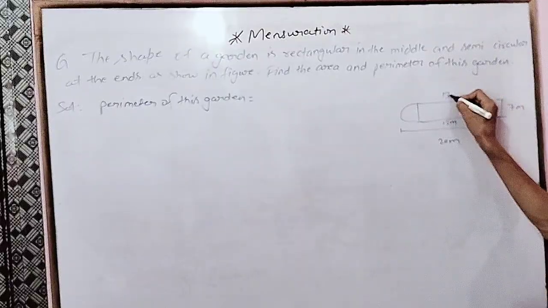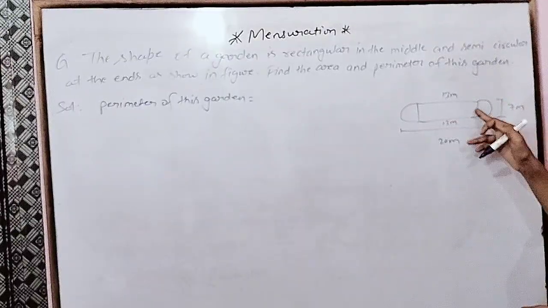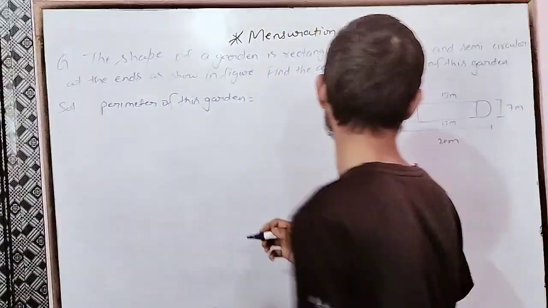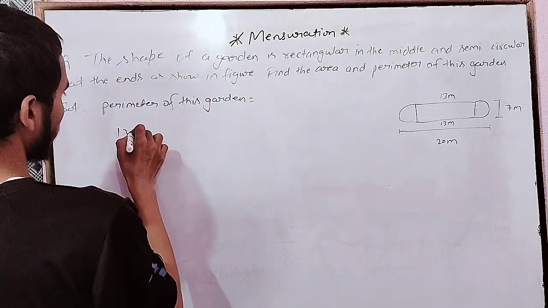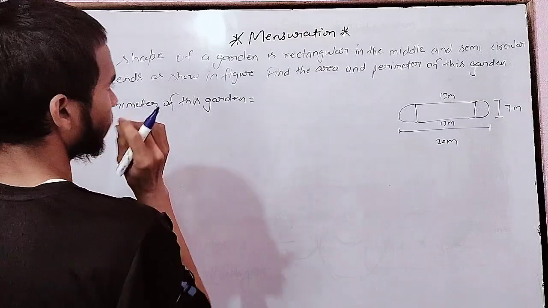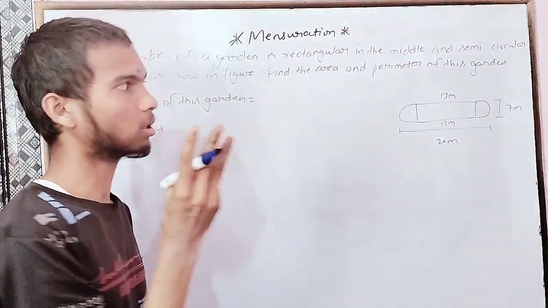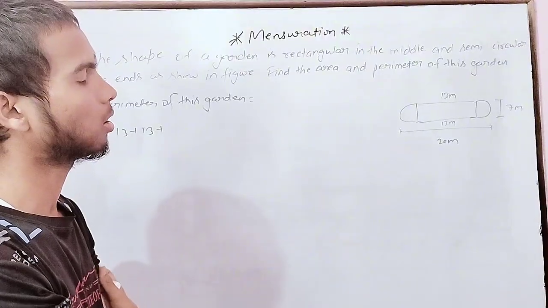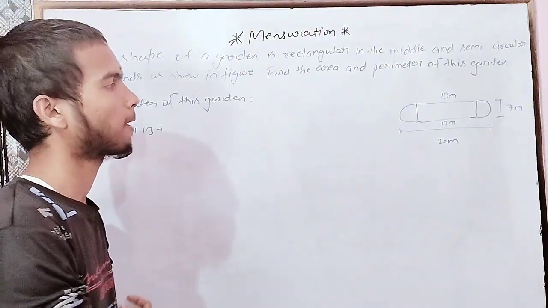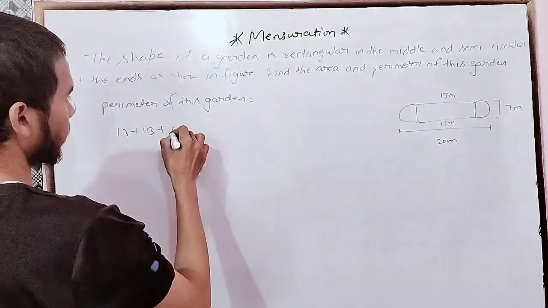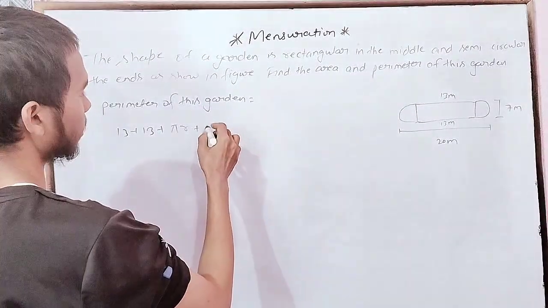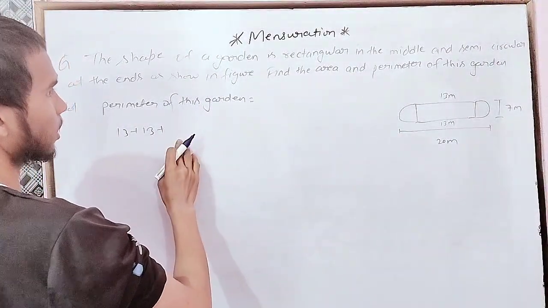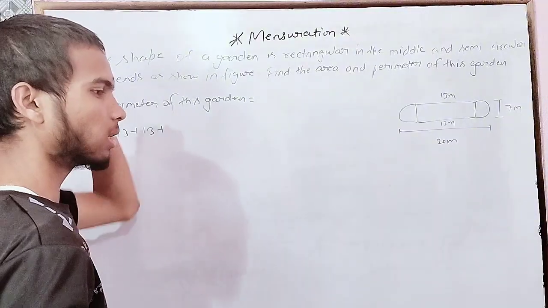This is a 7 meter, this is a 7 meter. Okay, so 13 meter, and then we have two semicircles. Can we write pi r plus pi r? 2 pi r upon 2.